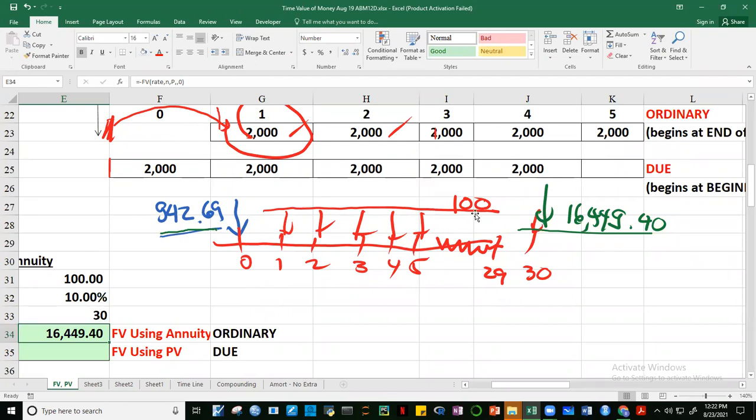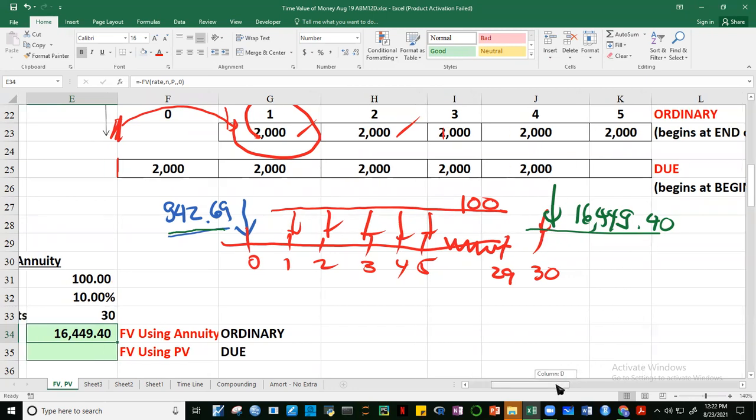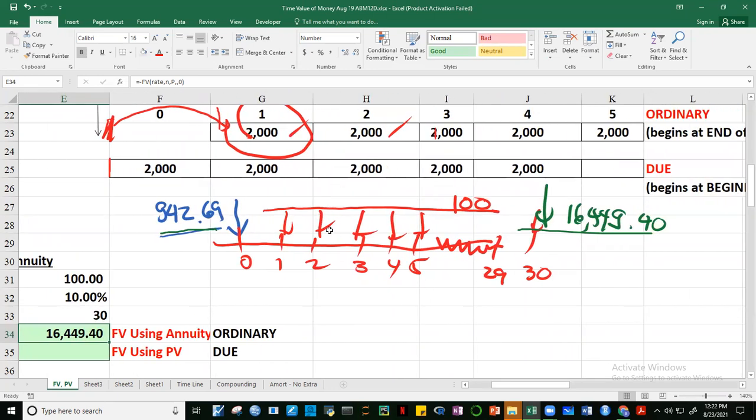Or, yung 100 na to, for the next 30 years at 12%, at 10% pala, is equivalent to 16449.40. So since itong 100 na to, equivalent to 942.69, or itong 100 na to, equivalent to 16449, then 942 and 16449 should also be equivalent.